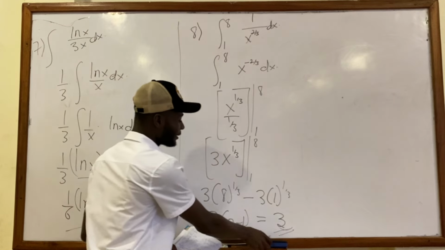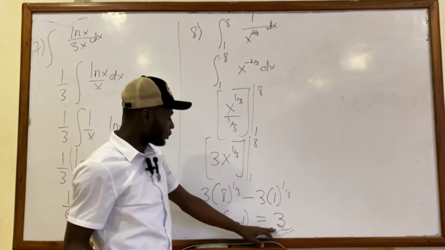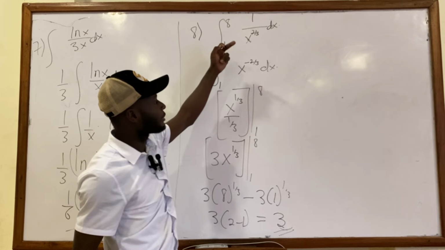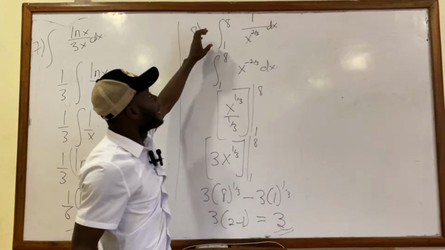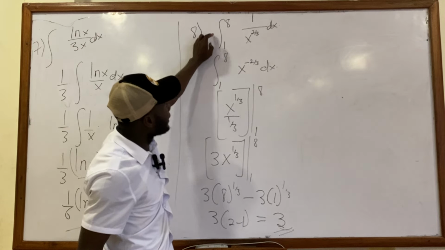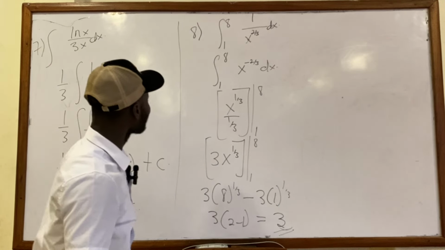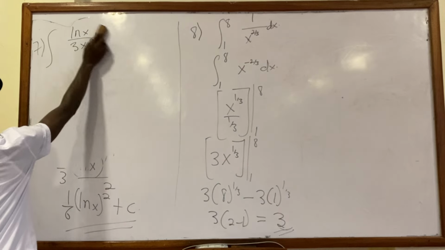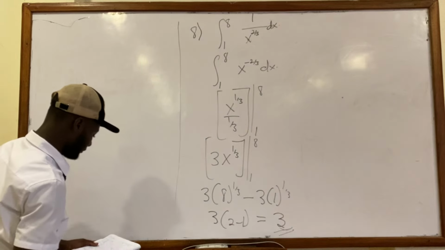So our final answer to this particular integration is equal to 3. All right, so the integral of 1 over x power 2 over 3 dx on the limit 1 and 8 is equal to 3. All right, so let's now move on to question number 9.